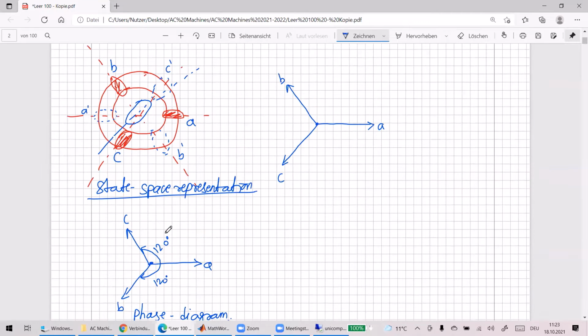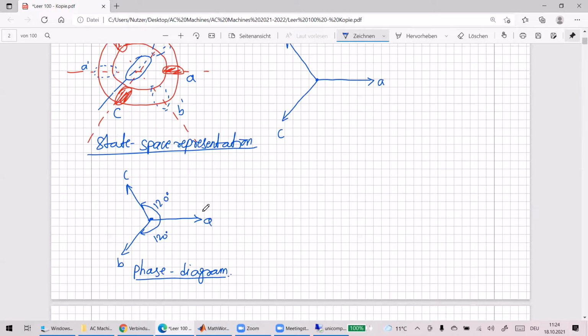So the state space representation is this, where the B axis is placed 120 degrees anti-clockwise from the A axis.